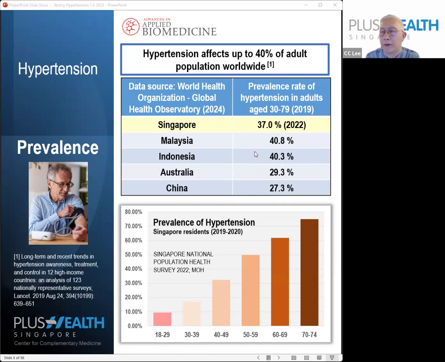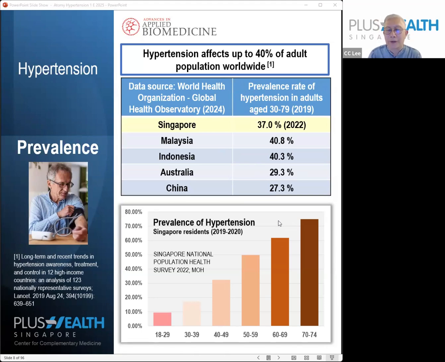Indonesia and Malaysia are in the same class itself. They are all 40% of the adult population suffering from hypertension, right? Australia is better. In fact, it's about 10 points down. It's 29%, right? And China is 27%. So the reality is that the Southeast Asian nations are suffering from a very high prevalence rate of hypertension.